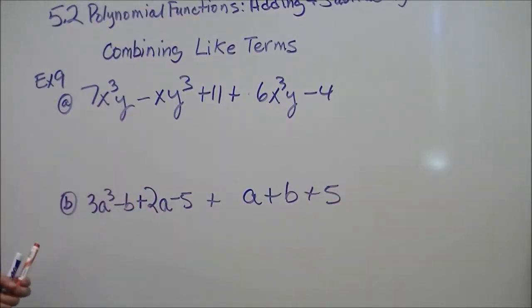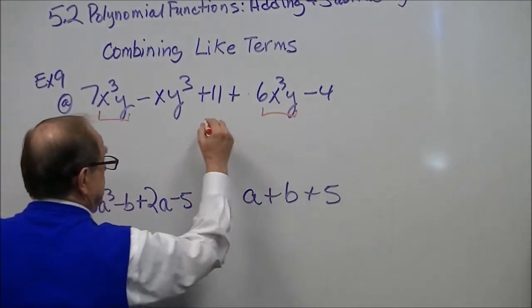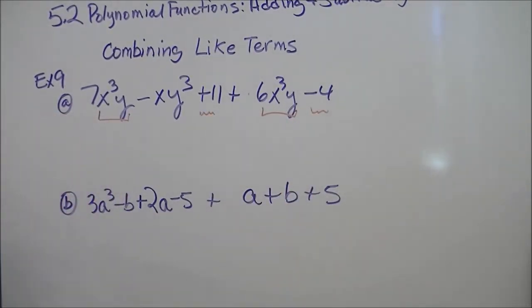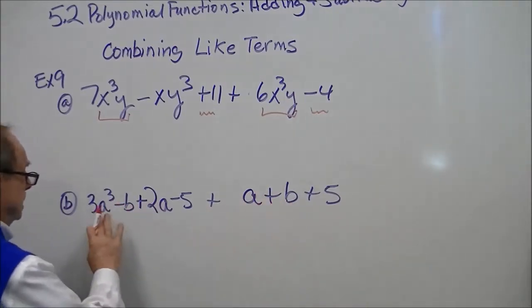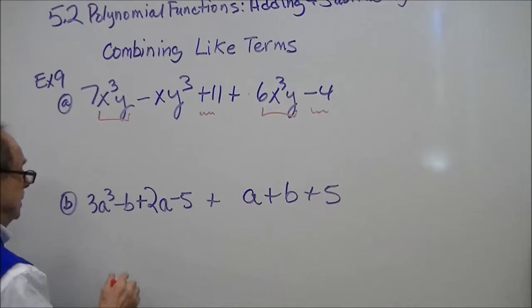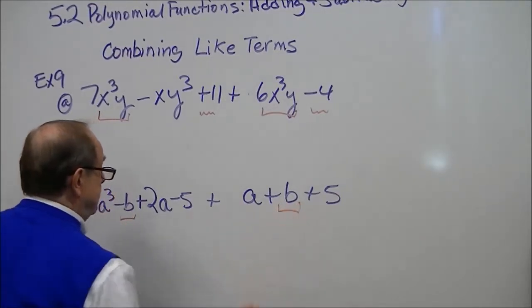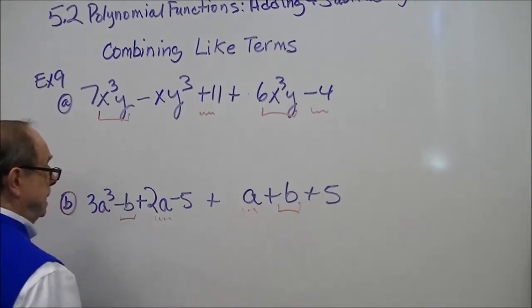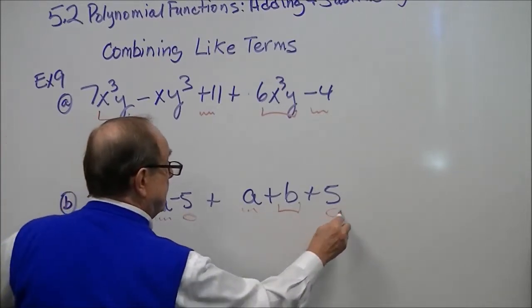So here it's a matter of identifying the like terms. This is a like term, this is a like term, and this, and this. And over here we have a to the third, so that's all by itself. We have a B and a B, and an A, and an A, and then something over there, and there.